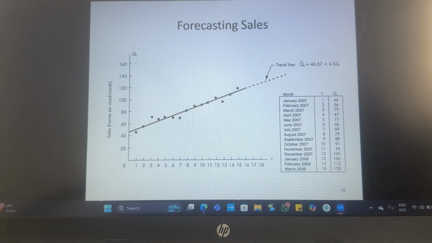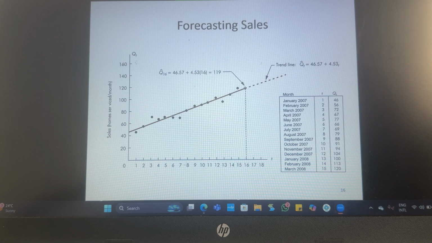The equation for the line is taken like this. You can use the same data set for SPSS, or even your scientific calculator will do that. You take this equation. Q hat is equal to 46.57 plus 4.53 T. Here T is the independent variable, QT is the dependent variable.